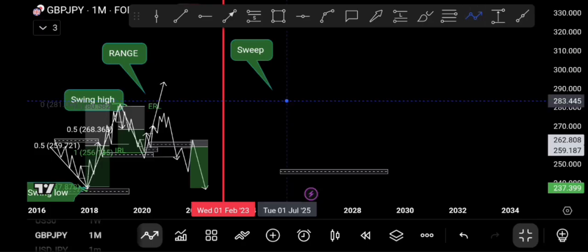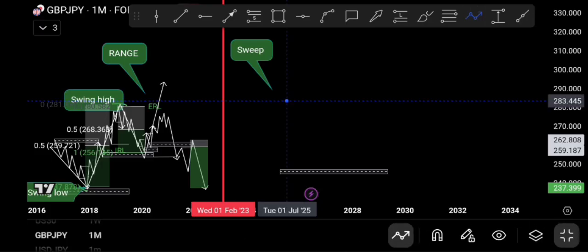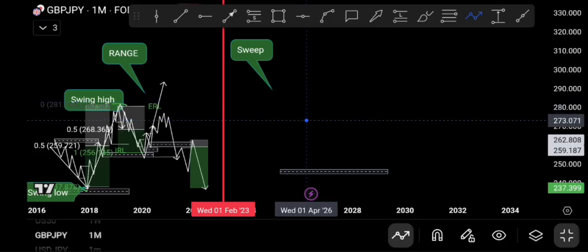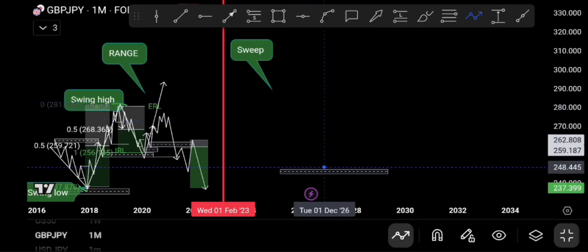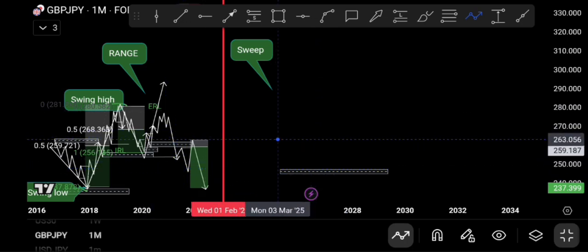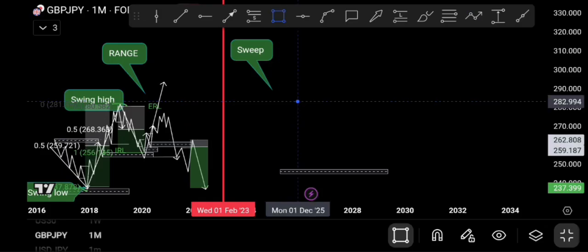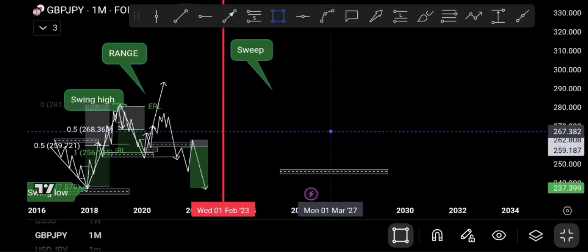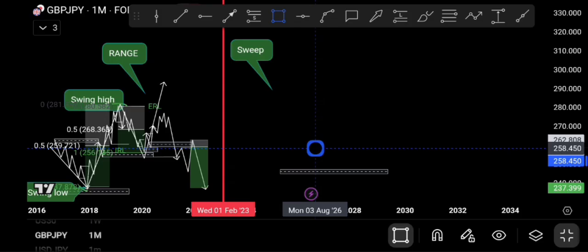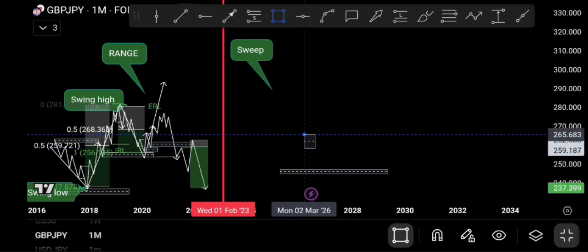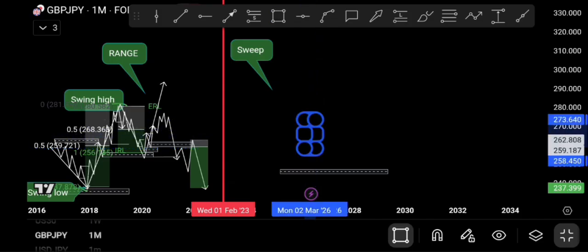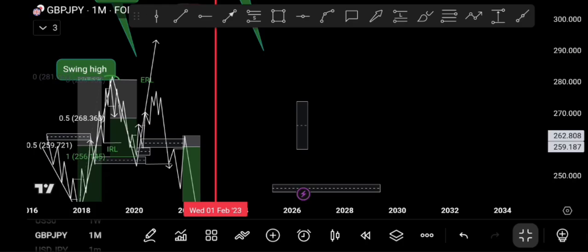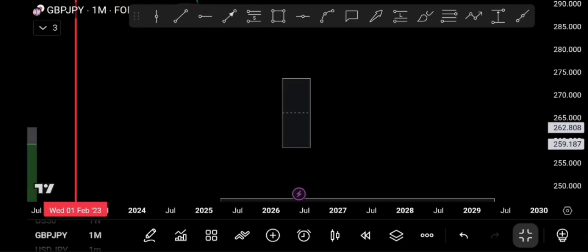So now let's say we have price coming into a demand zone in the higher time frame. After you've identified your range, now you want to see your daily time frame sweep. So after you get your, let me just do this.